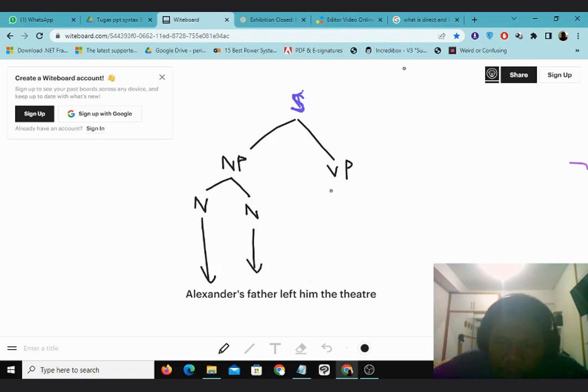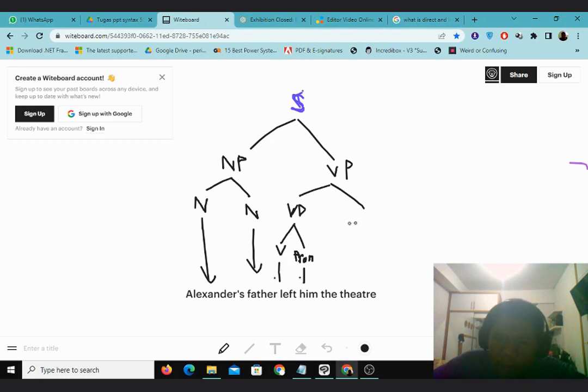Then we split the verb phrase again. Let's put it simply again. The verb phrase will be split like this, turned into verb and pronoun. Here is the pronoun.